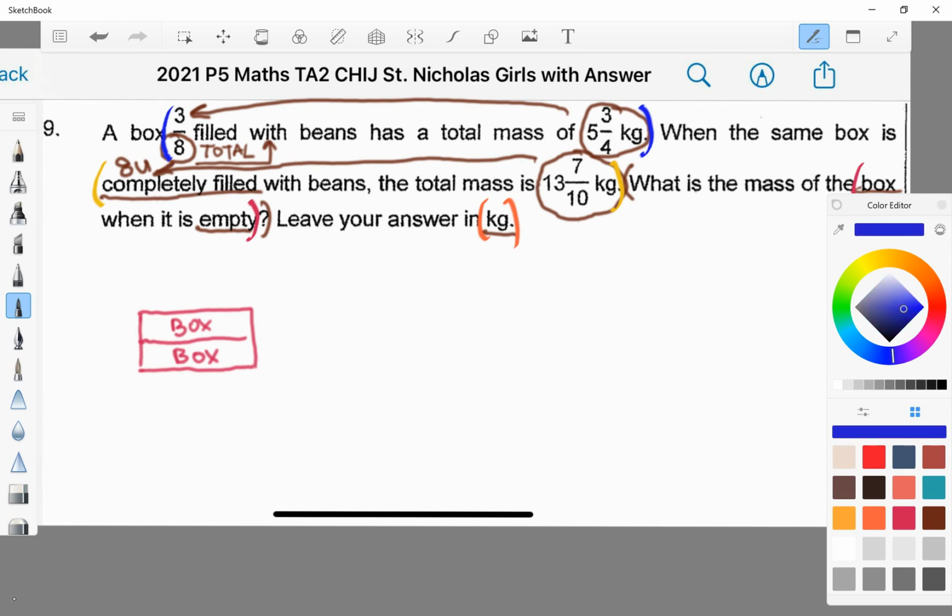And I will also proceed to draw 3 units to show what happens when 3 out of 8 of the box is filled with beans. And I will want to draw 8 units to show what happens when the box is completely filled with beans.